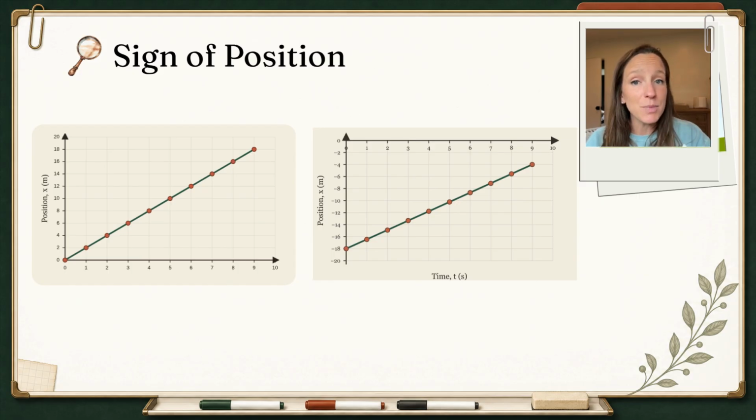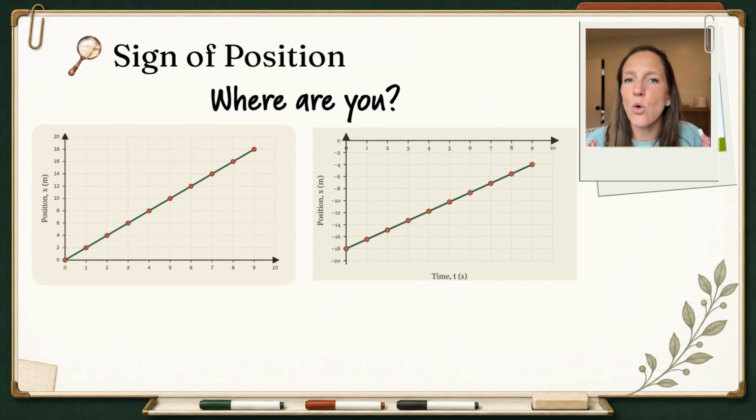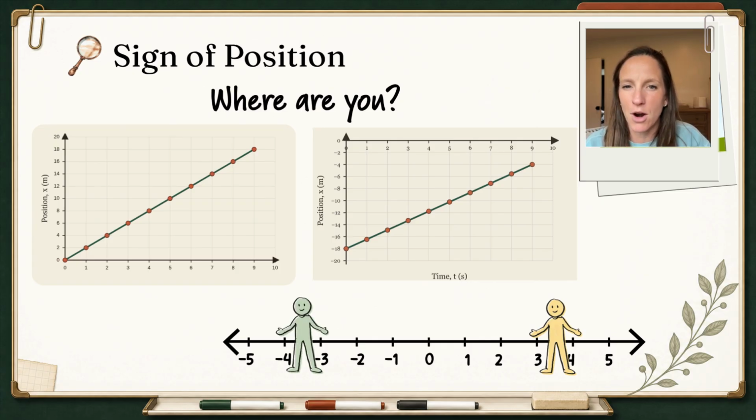And position being positive or negative, so being above or below the x-axis, only tells you where you are in relation to some origin or 0 meter mark. So whether the position is positive or negative does not tell you anything about the actual direction that the object is moving in.